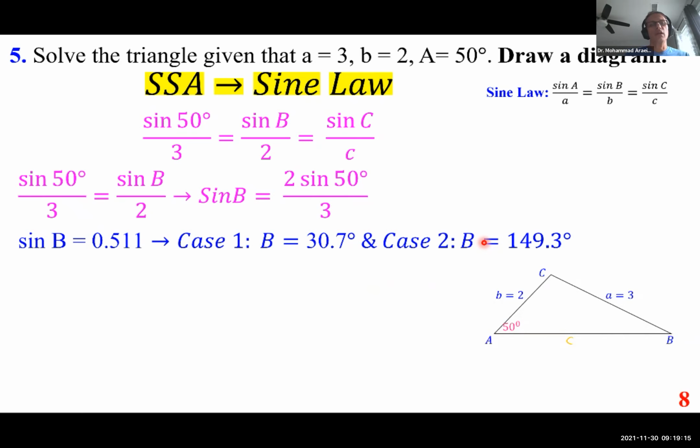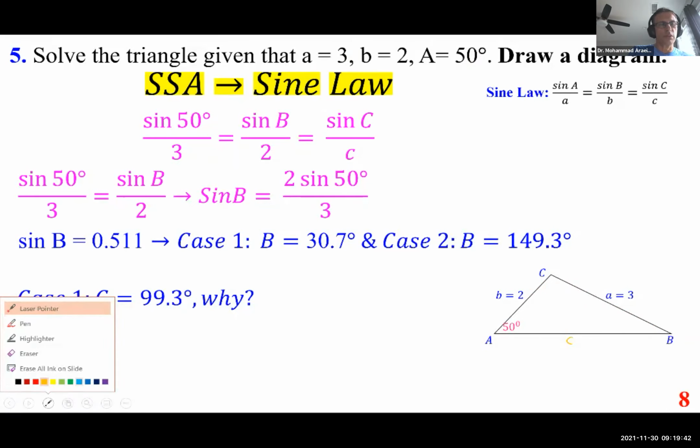So with case one, we will continue. This works for both cases, remember that. With case one, we use B equals 30.7. So if B is 30.7 and A is 50 and the total interior angle is 180, we can find the last angle. C is 99.3. I want to make sure everybody understands why.